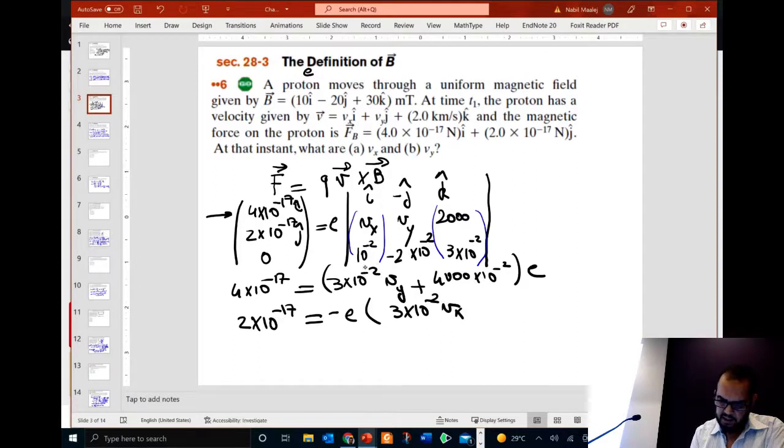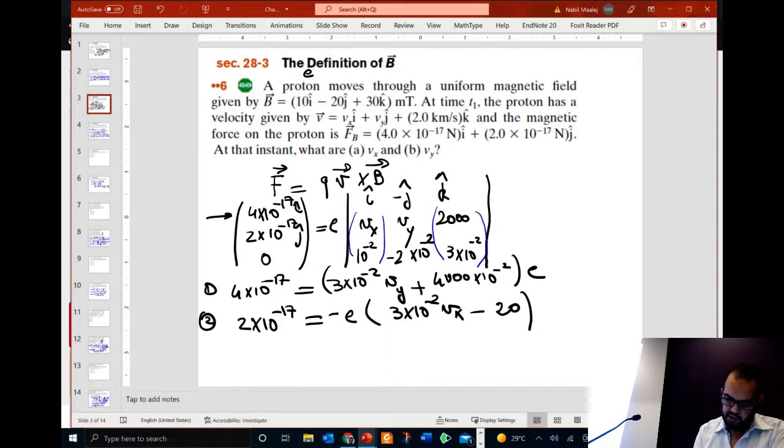Okay, and minus 2000 times 10^-2, so minus 2 × 10^3 times minus 20. This is equation 1, equation 2, and you can directly solve for Vx and Vy.